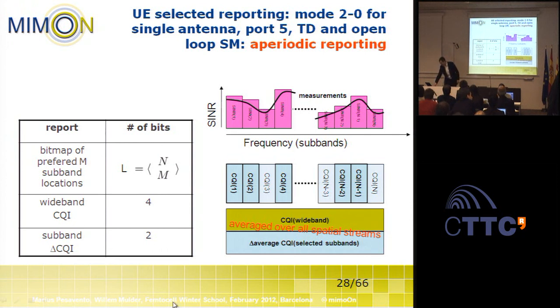Basically, the user equipment selects L out of these N subbands and reports, first of all, the location with a bitmap that is signaled to the base station, along with the average CQI value, the average channel quality if all subchannels were used, not only the selected ones, and a differential quality measure if only the selected subbands are used for transmission.